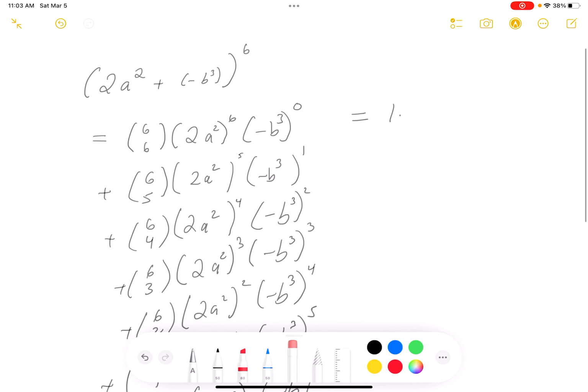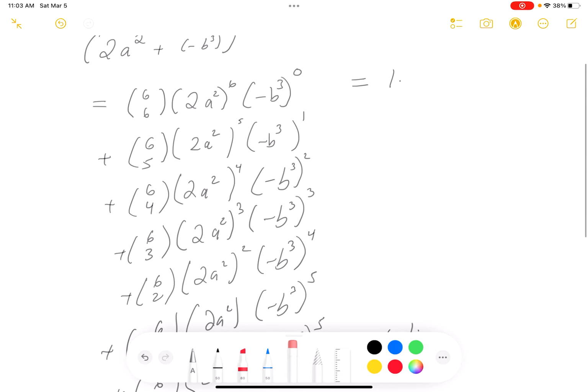They're nice symmetric things, but I got to do this thing over here, which is problematic for me. And that's going to be what? 2 to the 6th power. 2 times 2 is 4, 8, 16, 32, 64. Let me erase the 1 in front. I really don't need it anymore. And minus b cubed to the 0, there's none of those.